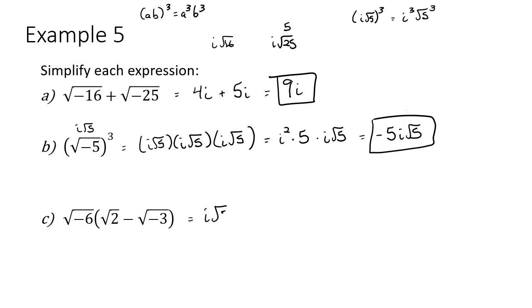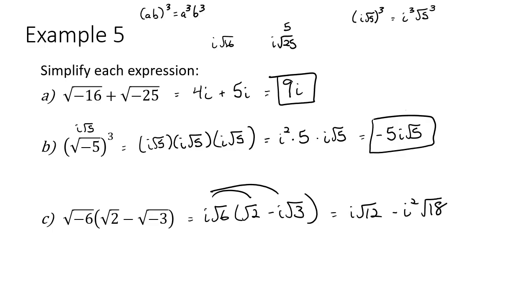So this would be i root 6 times square root of 2 minus i root 3. And now we can just distribute through. So the first term would be i square root of 12, 6 times 2. And the second one would be a minus i squared square root of 18, 6 times 3.